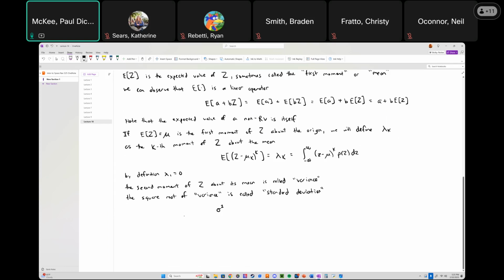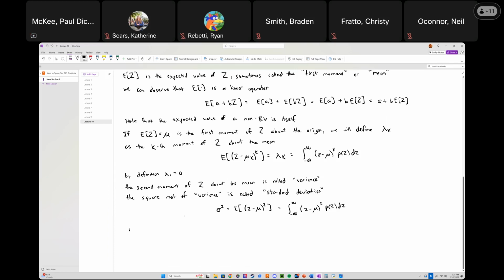So sigma squared is our variance, and that is the expected value of (Z minus mu) squared. And that is the integral from negative infinity to infinity of (Z minus mu) squared, probability of Z dz.